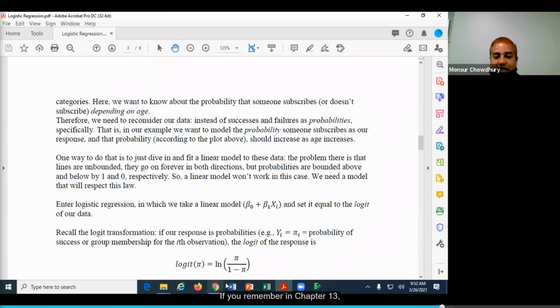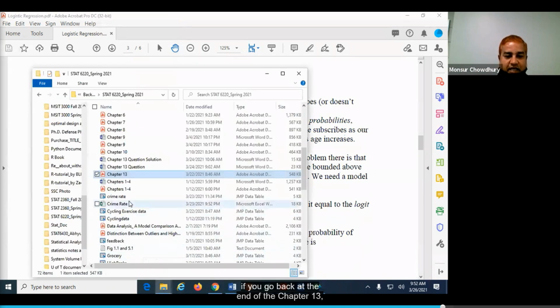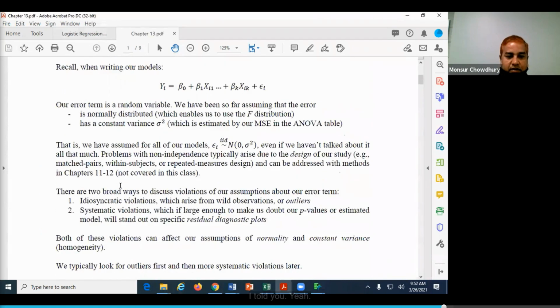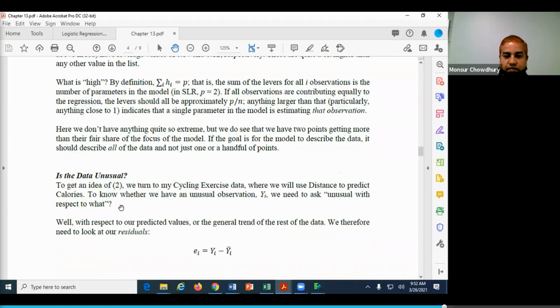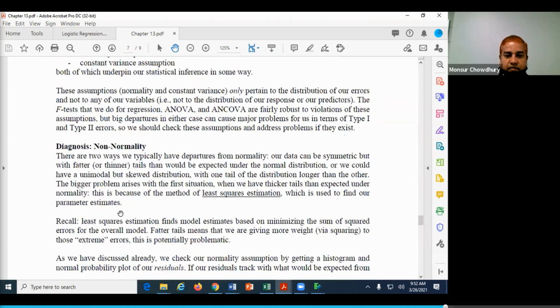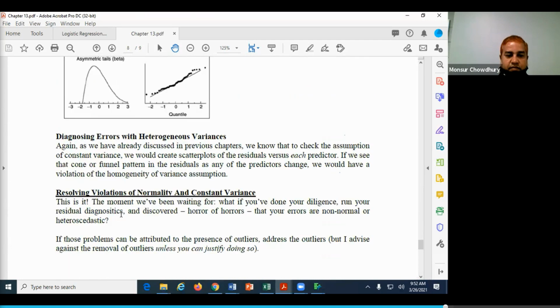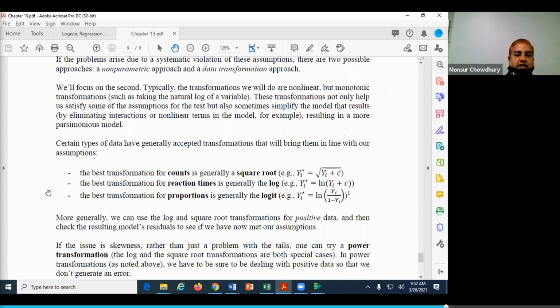If you remember, at the end of chapter 13, I told you that certain types of data have generally accepted transformations that will bring them in line with our assumptions.